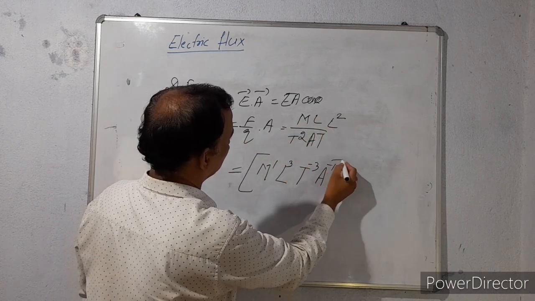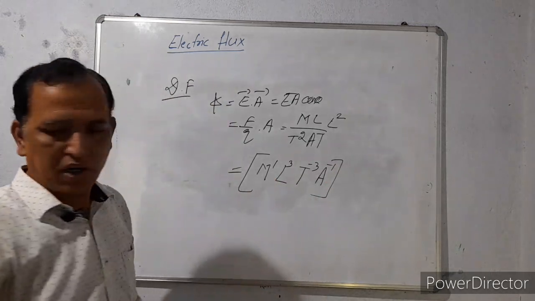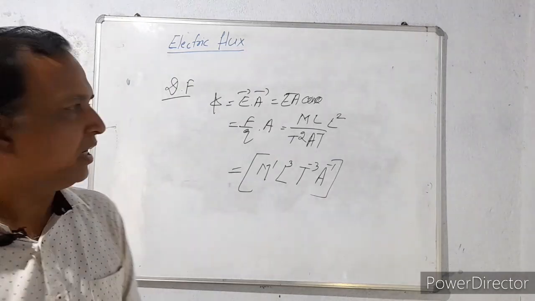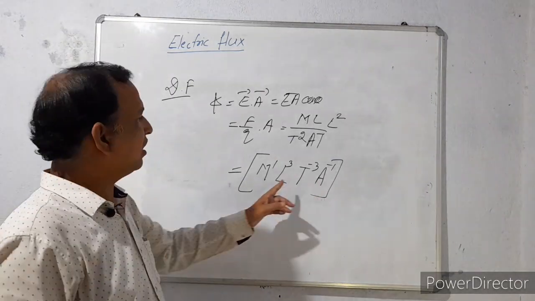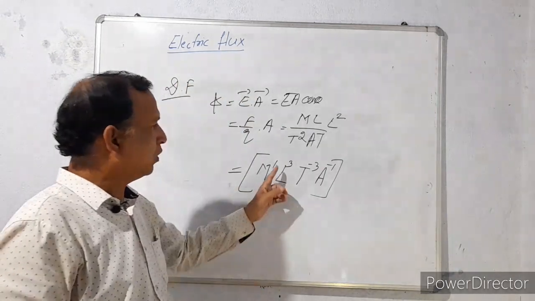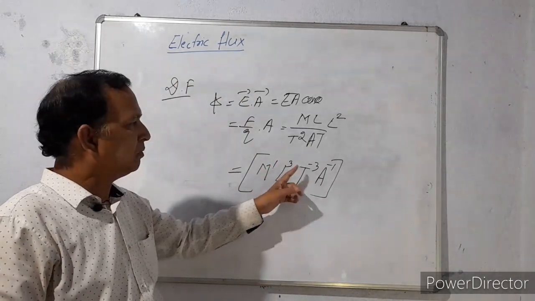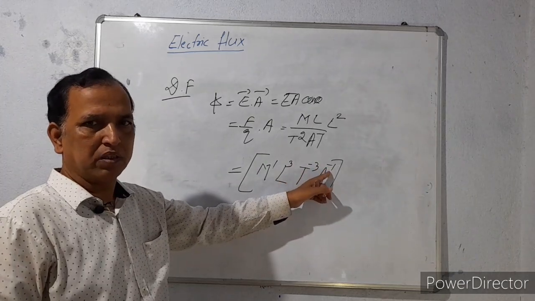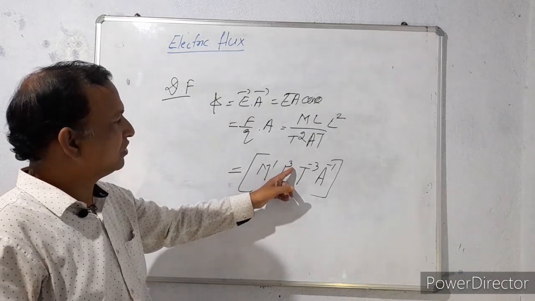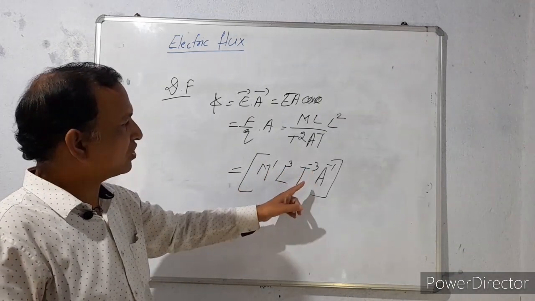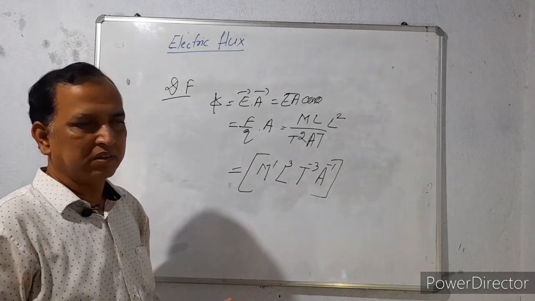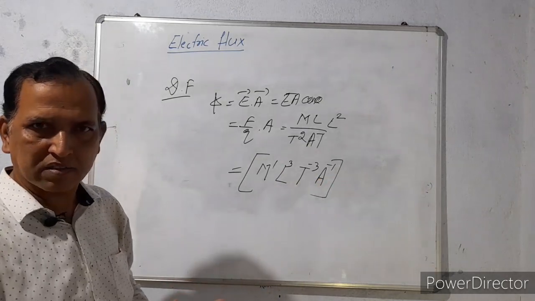So that is M1 L3 T minus 3 A minus 1. This is the dimensional formula of the electric flux. Dimensions are 1, 3, minus 3, minus 1. Okay? 1 for mass, 3 for length, minus 3 for time, minus 1 for current.